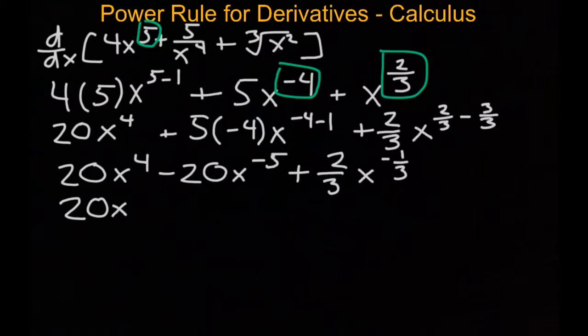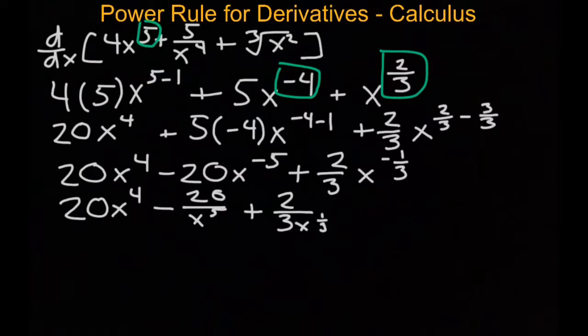So for negative 20 x to the negative fifth, we can write this out as negative 20 over x to the power of positive 5. And for the radical, let's bring the x into the denominator as well. So we'll have 2 over 3 x to the power of 1/3.